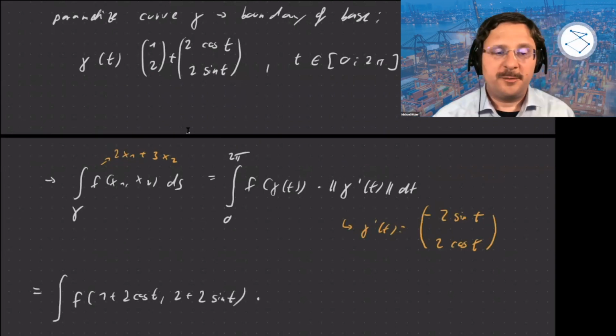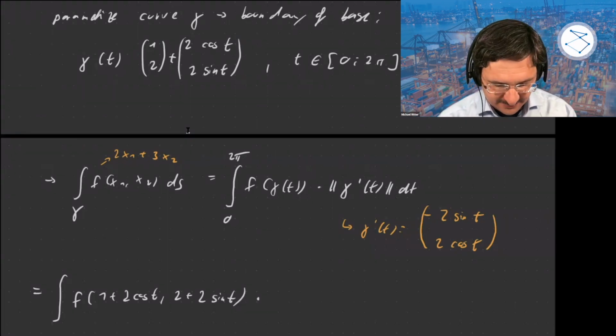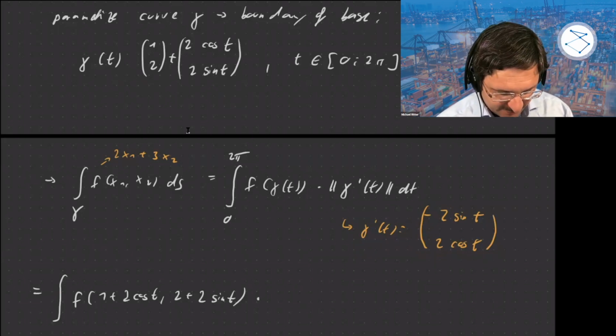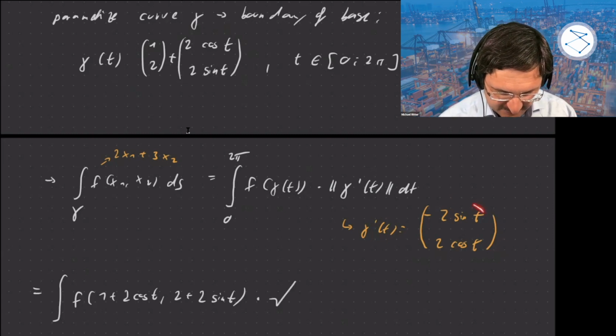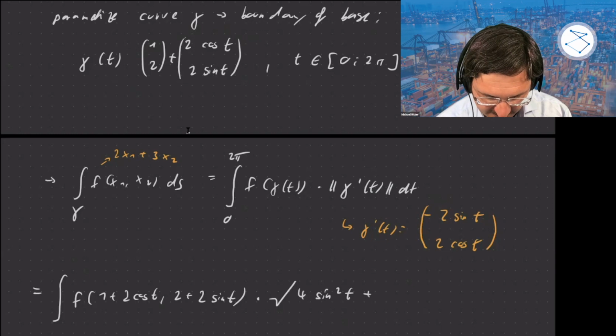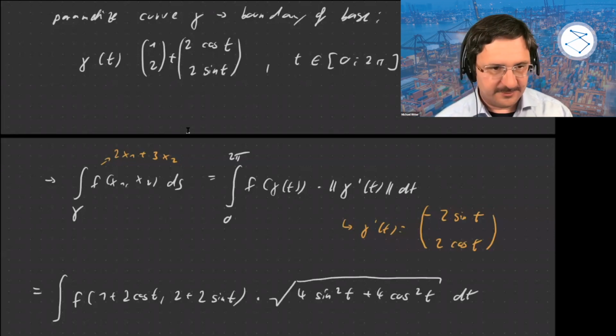And then we want to multiply this with the norm of gamma prime. Here's gamma prime. So the norm of gamma prime is then the square root of this entry squared plus this entry squared. So that's 4 sine squared of t plus 4 cosine squared of t, dt.